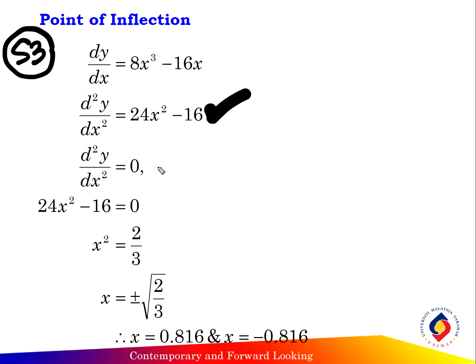So the inflection point here exists when the second derivative equals 0. So 24x squared minus 16 equals 0, and x squared here equals 2 over 3. So x here equals plus or minus √(2/3), or the answer here, x equals plus or minus 0.816.